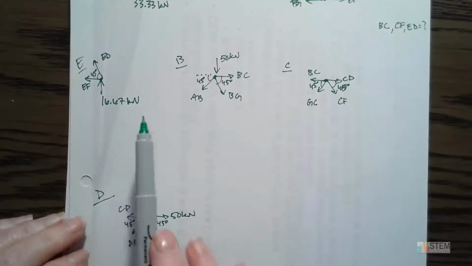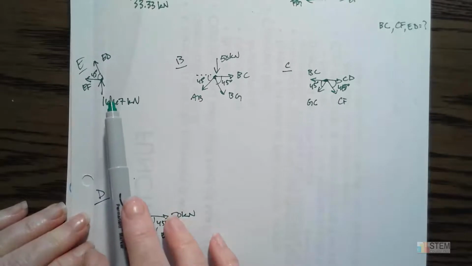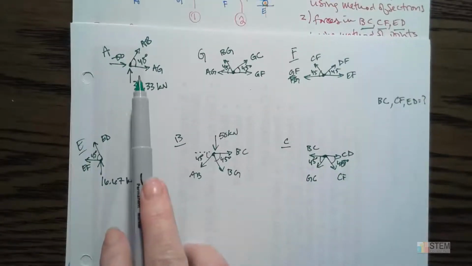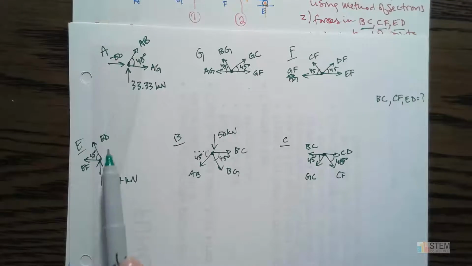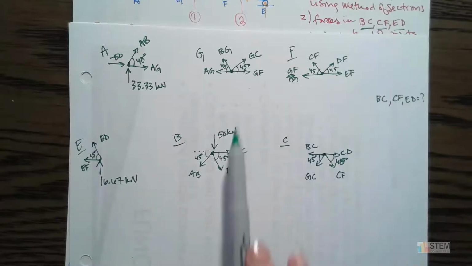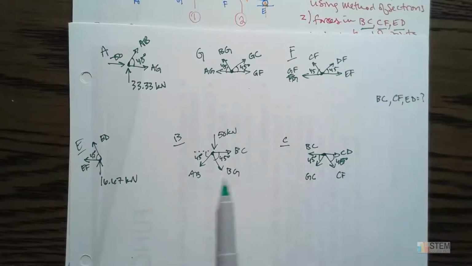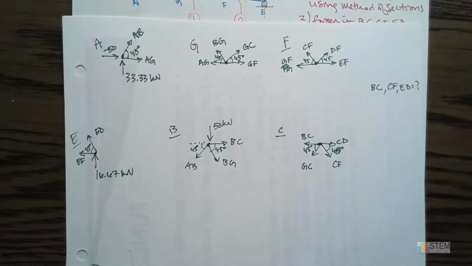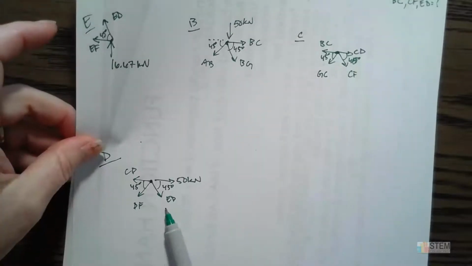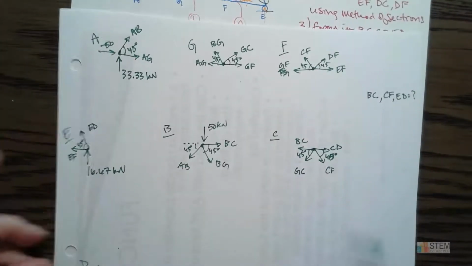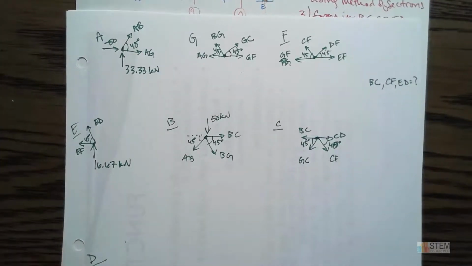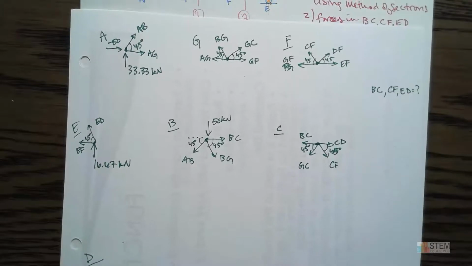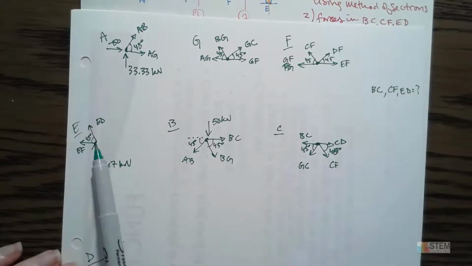So fewest unknowns in this case would be either E, or if we look up here, we have A, right? Because they each have 2 unknowns. These others have at least 3, right? B has 3 unknowns. These all have 4, and then D down at the bottom has 3, right? So I don't want to start with any of those because I only have 2 equations, right? We have the sum of the forces in X, sum of forces in Y. Those are the only 2 equations we have because we can't do a moment equation because we're just looking at a point, right?